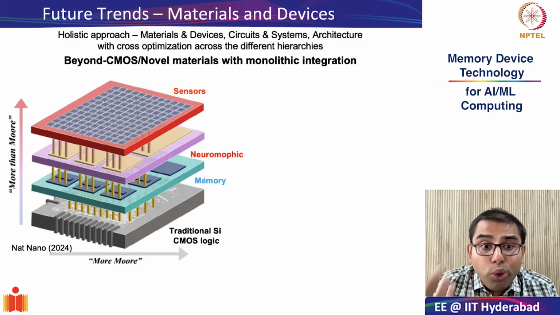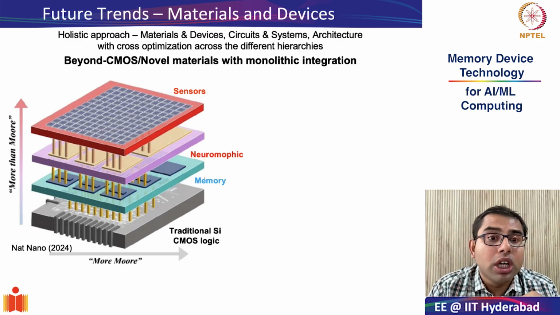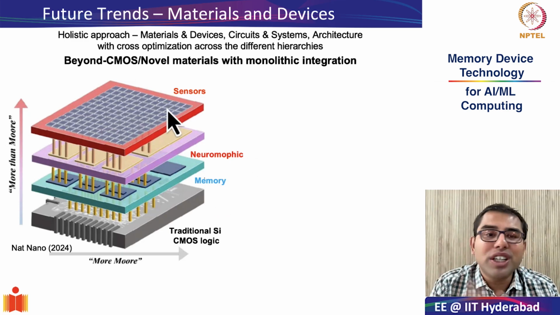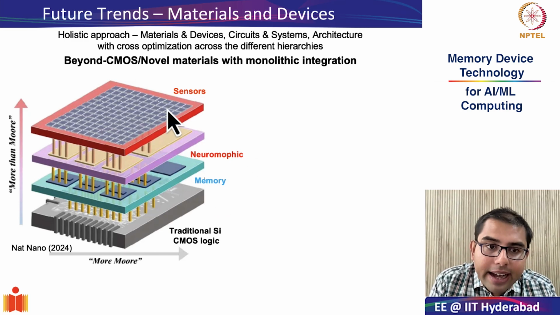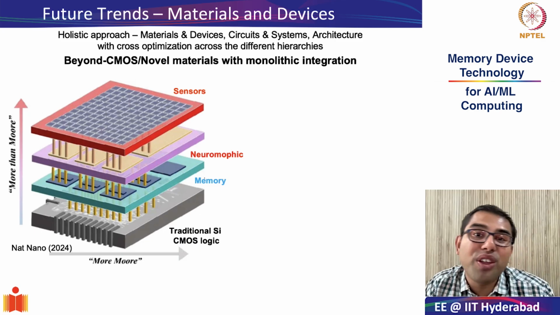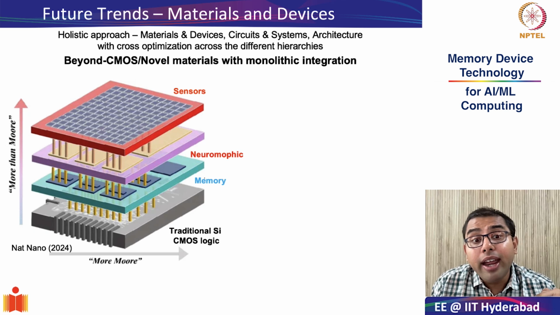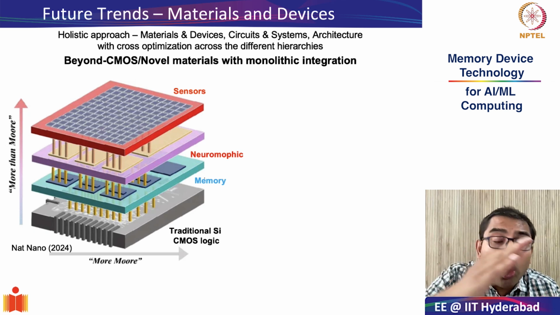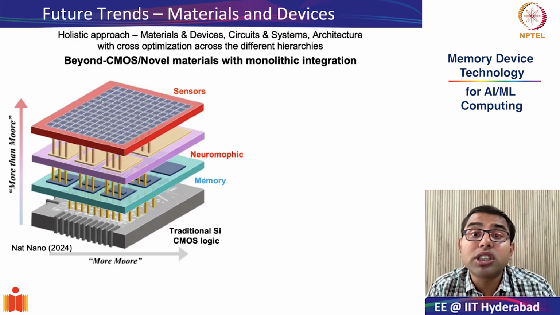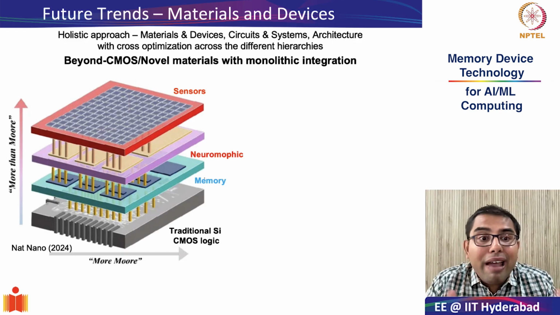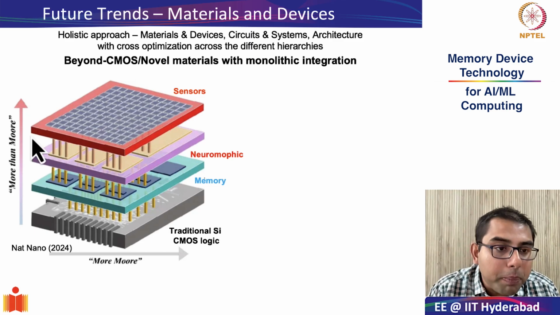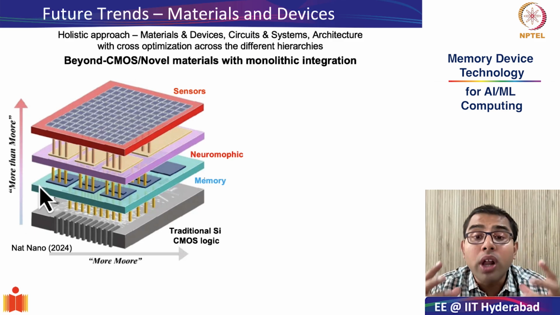But can you leverage other material systems which can give you excellent memory, neuromorphic, and other functionality? So by integrating this new kind of materials at back end of the line, remember what back end of the line was? It was the ability to integrate something with low thermal budgets around 500 degrees on top of traditional silicon CMOS technology, so that in the same footprint you can enhance functionality. And this in principle is the concept of more than more.